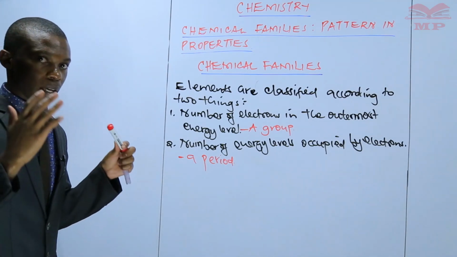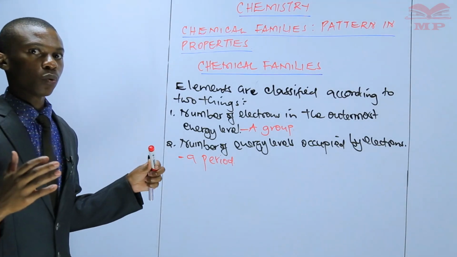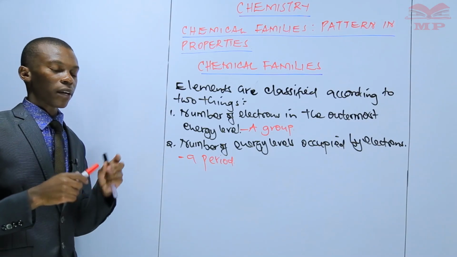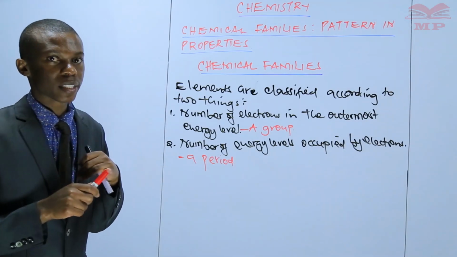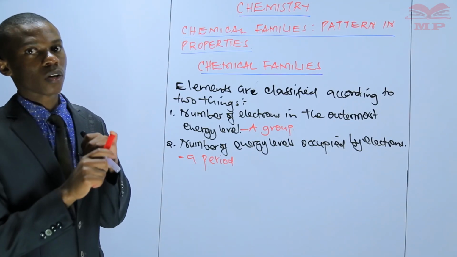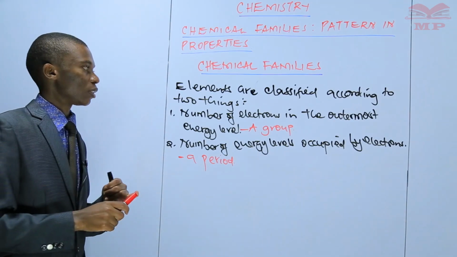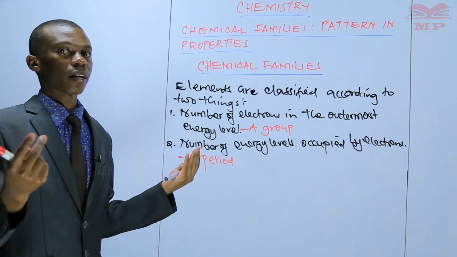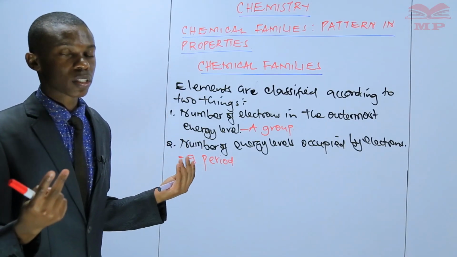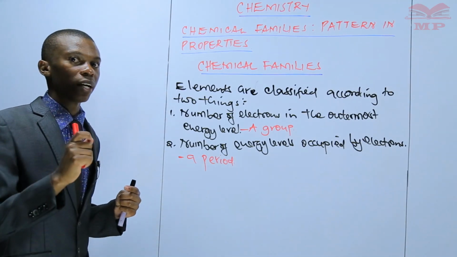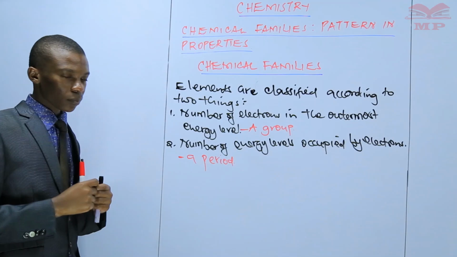Then we have period 1, period 2, period 3, and period 4. In period 1, these elements have only one energy level occupied by electrons. This is where you find elements like hydrogen and helium, because they only have one energy level, which is occupied by the electrons.